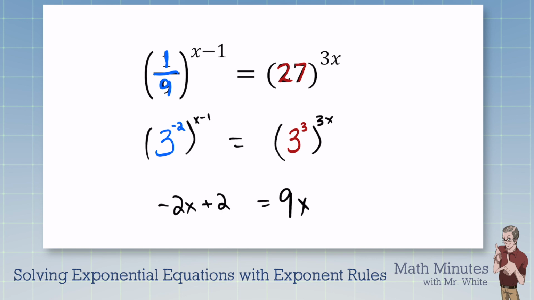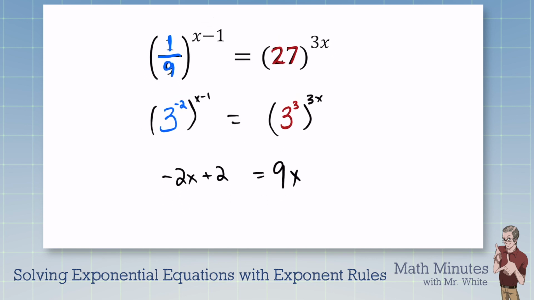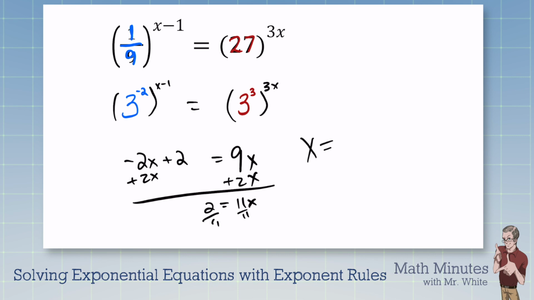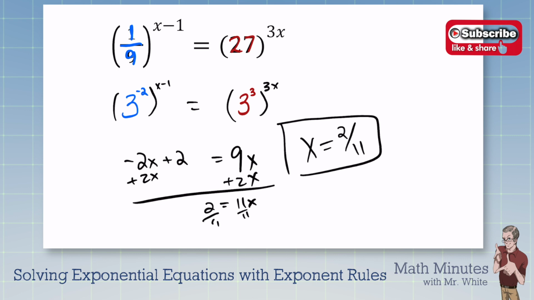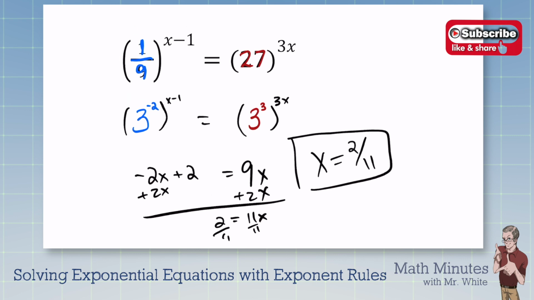So if I add 2x on both sides, I get 11x equals 2. If you divide by 11, I get x equals 2/11 as the answer here. Another very strange answer that I doubt you could just come up with out of thin air and guess and check.